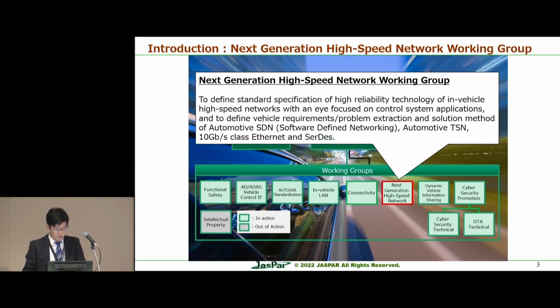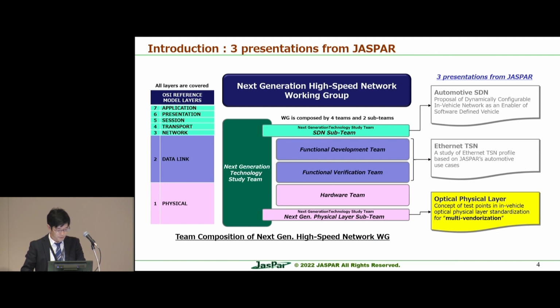It is considering automotive SDN, automotive TSN, 10 gigabit per second Ethernet, and SerDes in-vehicle requirements. This slide shows the relationship between the Next Generation High-Speed Networks Group team structure and the OSI reference model. Today, I am presenting on the optical physical layer.